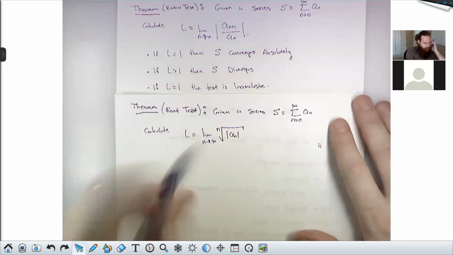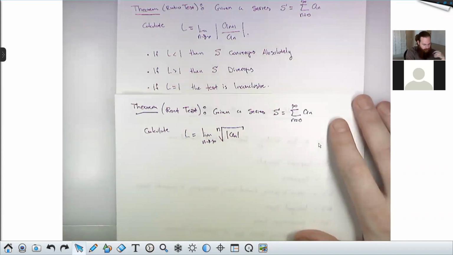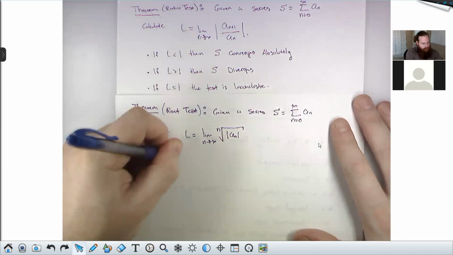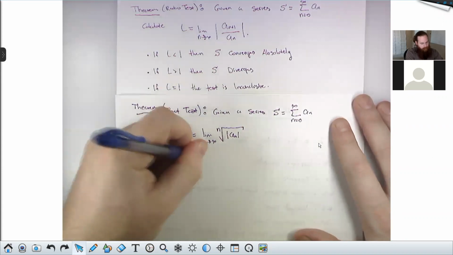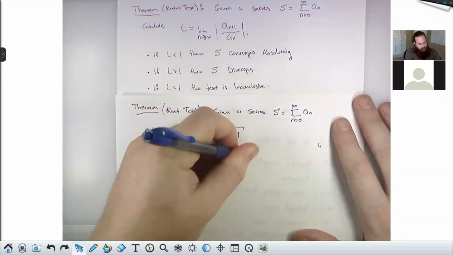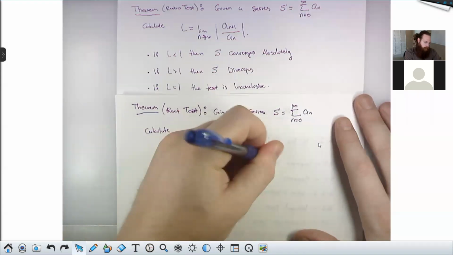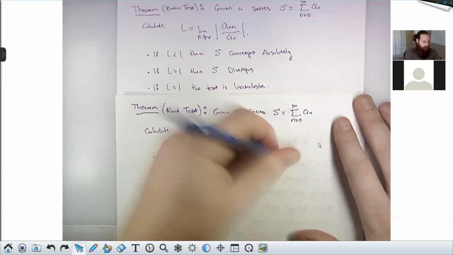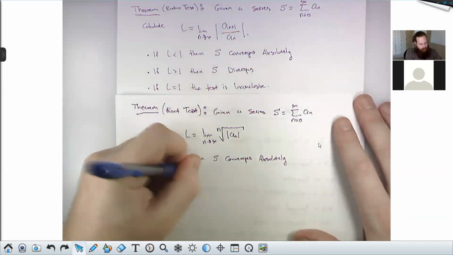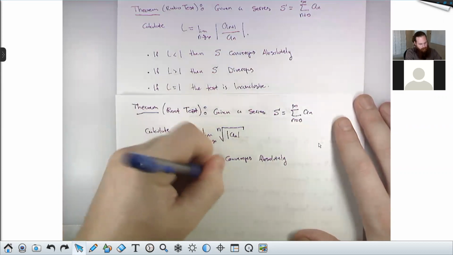So the nth root of the absolute value of the nth term, and then send n to infinity. And then the rest looks the same. If L is less than 1, then S converges absolutely. If L is greater than 1, then S diverges.